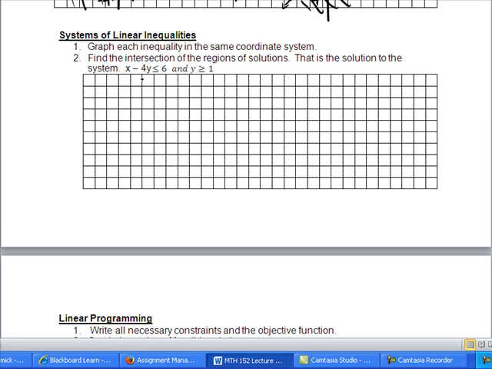Let me set up my coordinates here. Alright, so our first inequality is x minus 4y is less than or equal to 6.